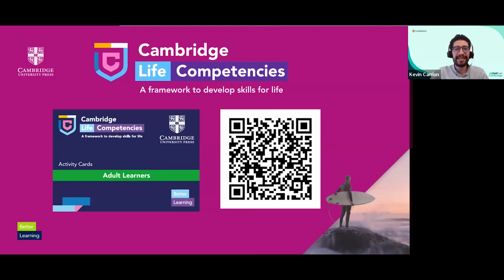Remember that these activities focus on developing the 7 different competencies we have in the Cambridge framework: creative thinking, critical thinking, collaboration, communication, metacognition, which is this learning to learn skill, social responsibilities, and emotional development. So you are going to find a collection of activities focused on developing each of those 7 competencies I just mentioned.